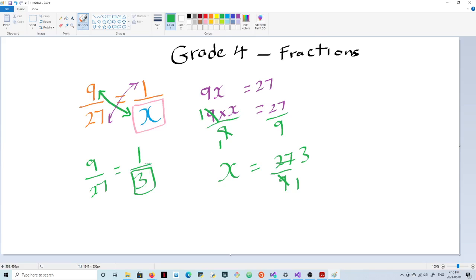Now, you might ask, so why am I cross multiplying? Why did I multiply the diagonals here? Right? So, the general rule is this.